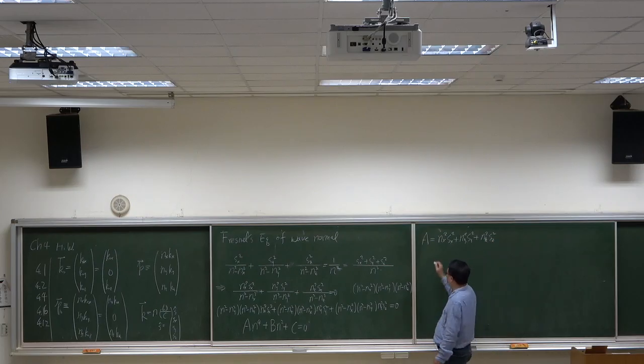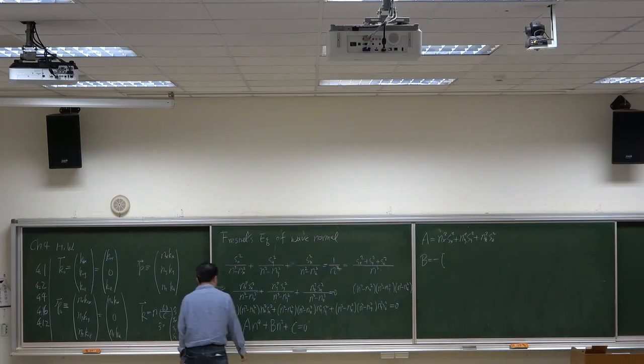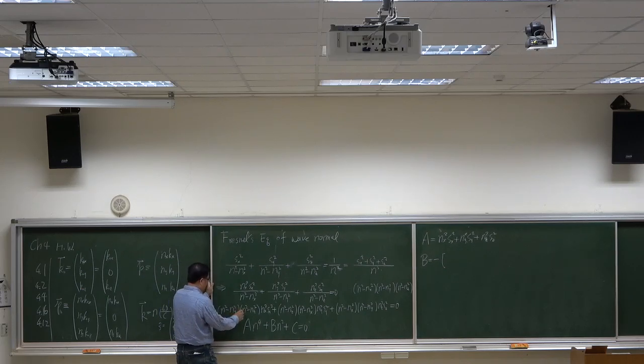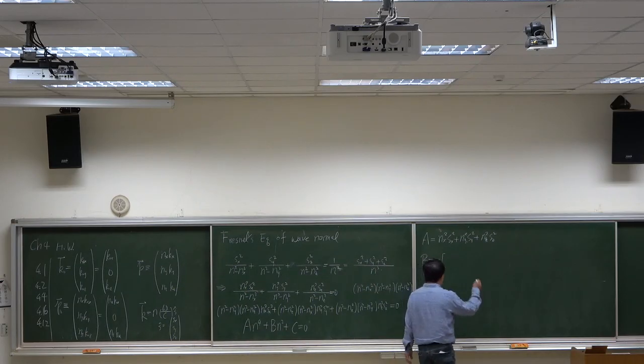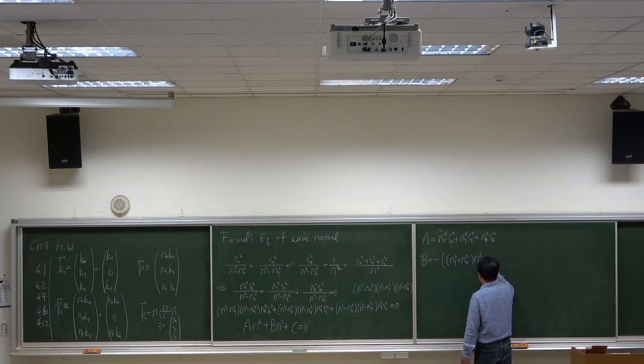And what is b? B has a negative sign, and here we see that we have a summation of ny squared and nz squared times nx squared sx squared. Okay, so we have ny squared plus nz squared times nx squared sx squared.